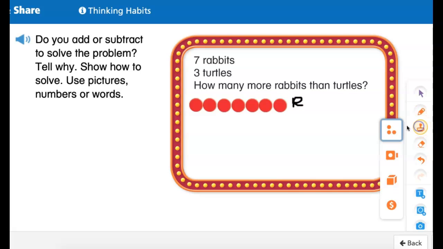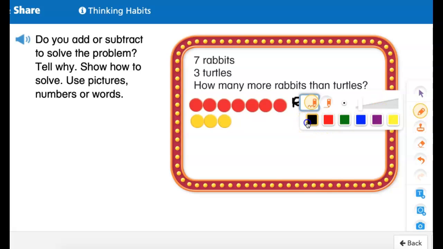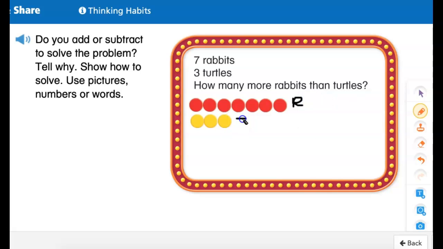So rabbits. Now let's count how many turtles we have. It says we have 3 turtles. Count with me. 1, 2, 3 turtles. So it wants to know how many more rabbits than turtles. Well, let's see. They both have 1, 2, 3.